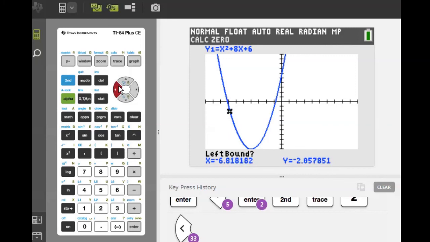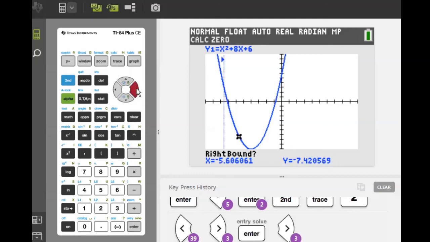So I need to be to the left of that value. I'm going to hit enter now. I'm to the left. And then I'm going to move the pointer to the right of that value, and I'm going to hit enter.